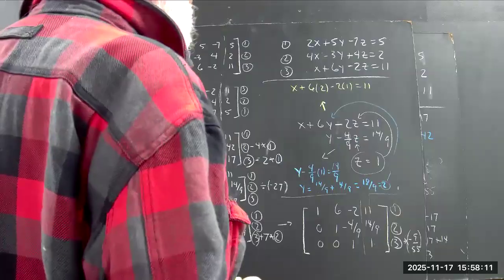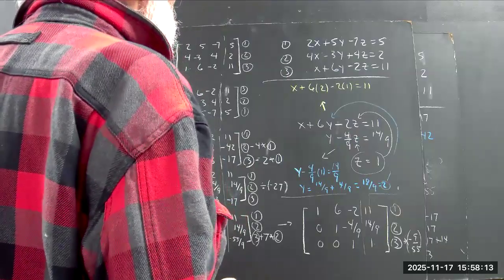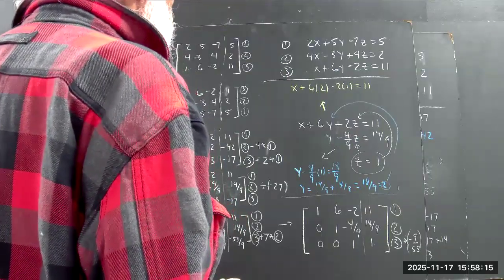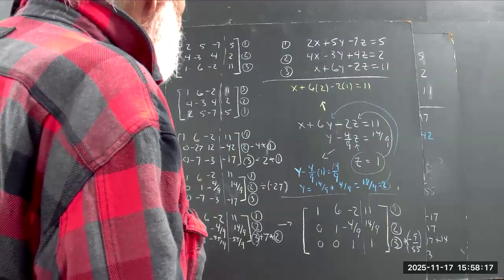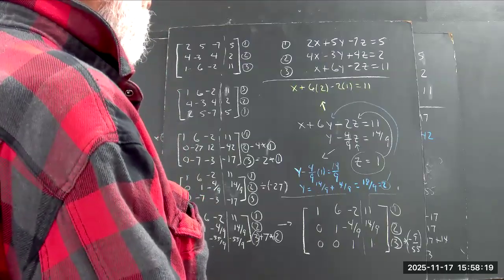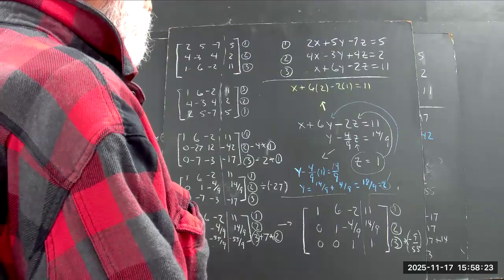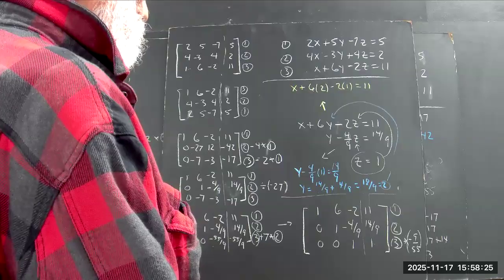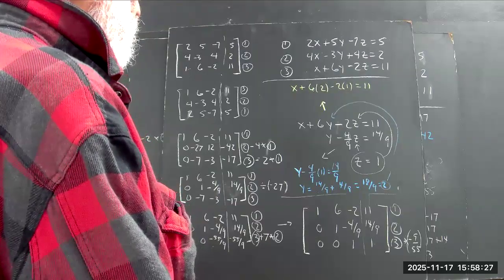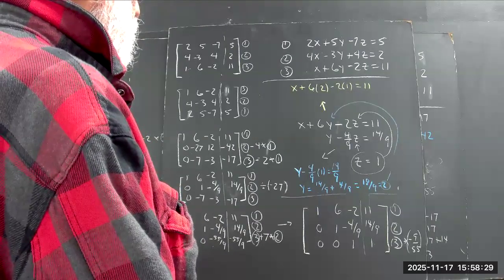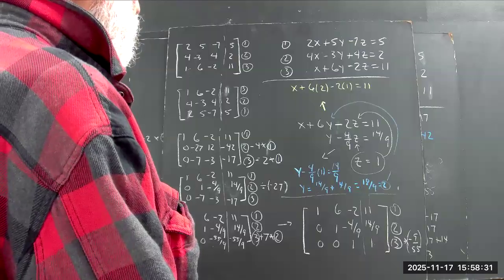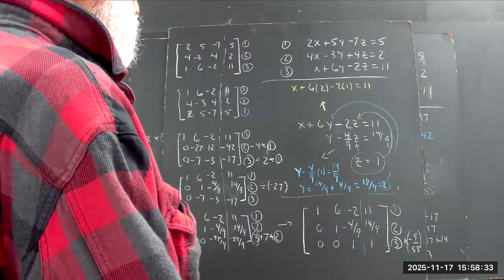That's still not right, is it? Awful close. So we should get x equals 1. If you got x equals 1 when I said you should get x equals 1, that was wrong. I'm trying to see where that 11 came from.